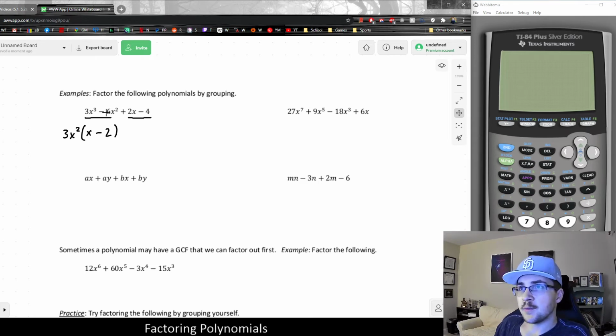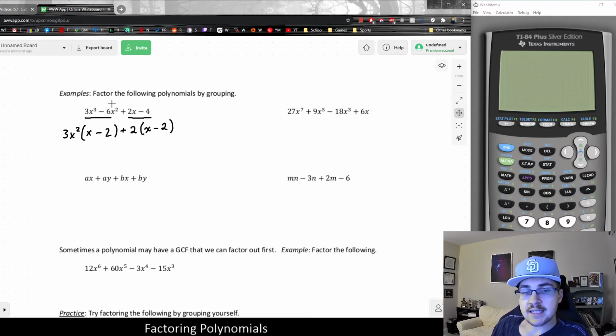In the second group, whenever there's a plus in between, we leave that alone. Notice that 2 is a common factor of the second group, and if I factor out 2 from those 2 terms, that leaves me with x minus 2. So I'm breaking it up into 2 separate GCF problems.